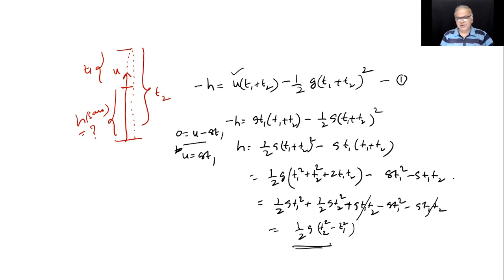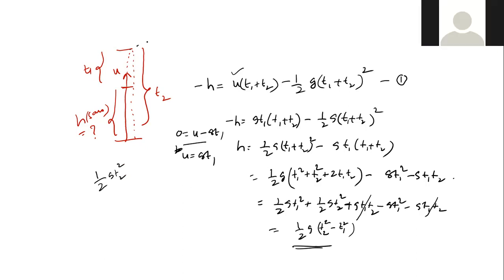Could you not have guessed it without doing so much? Anybody? Look, if it is coming down from here in T2 time, what is this total height? Half G T2 square, isn't it? From here to here, because it will come with U equals 0 from there.